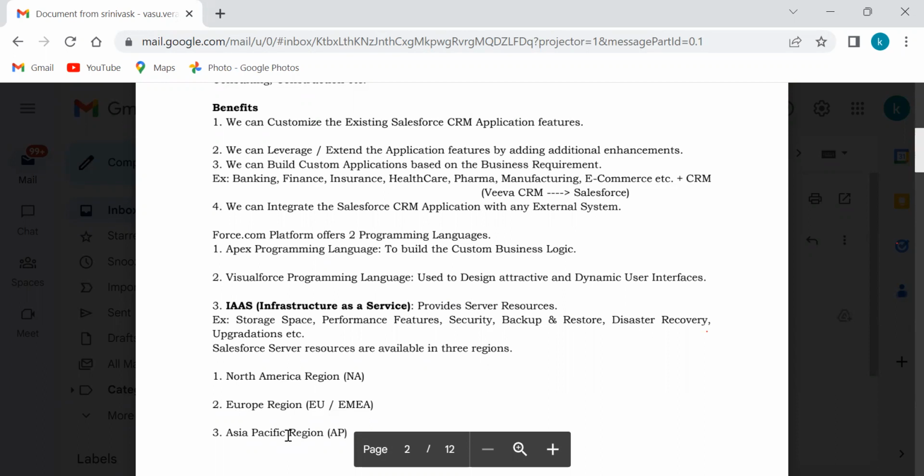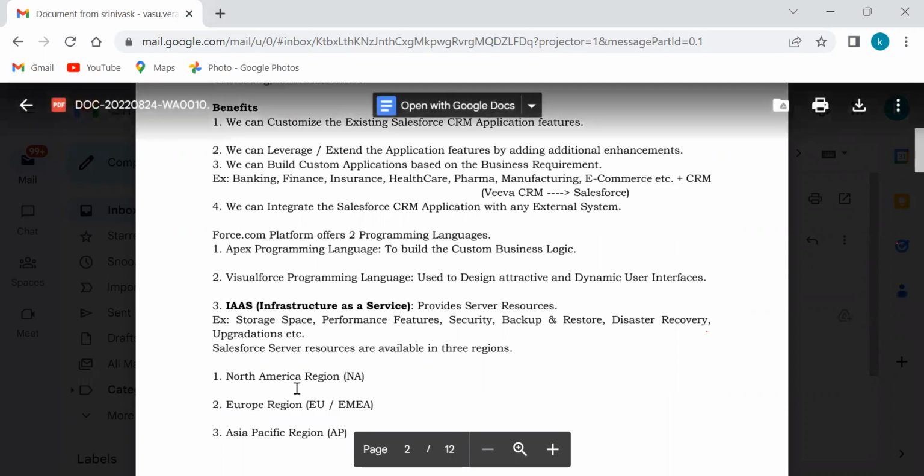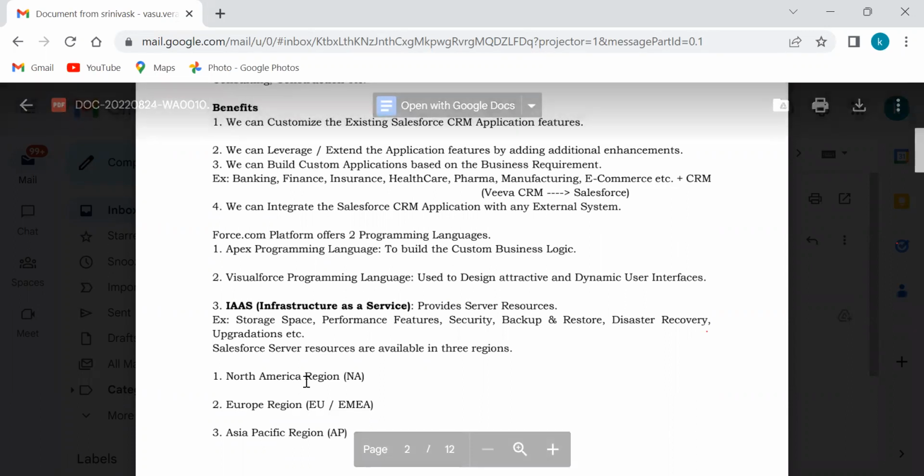Whenever you create your Salesforce account, it depends upon the country from which you are logging into your application. Upon registering to create your Salesforce account, it will ask you to specify your country details. Based on the country name you specify, it is going to allocate memory in a particular server in that particular region.